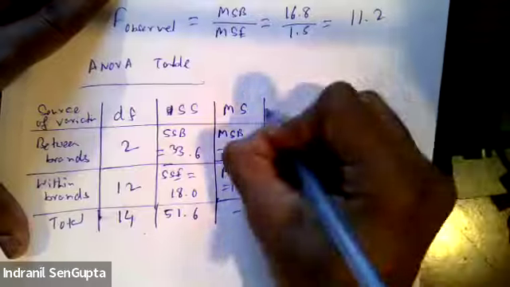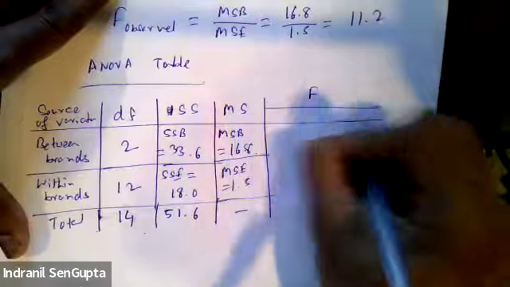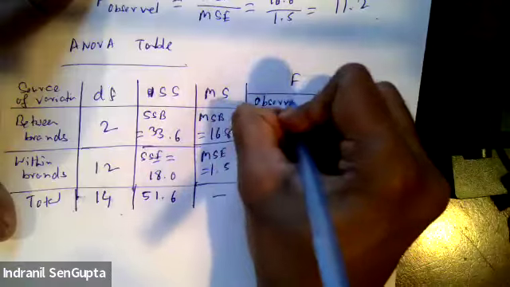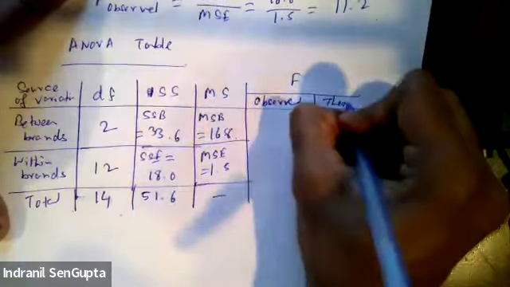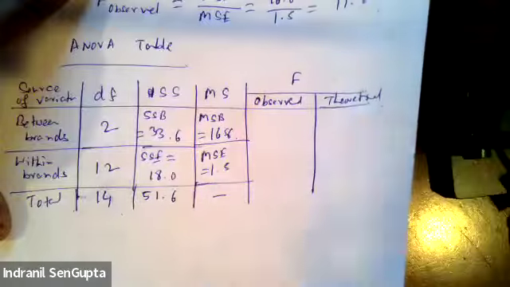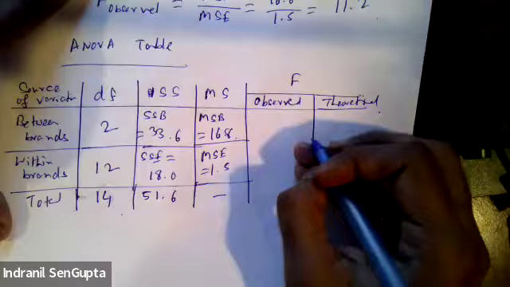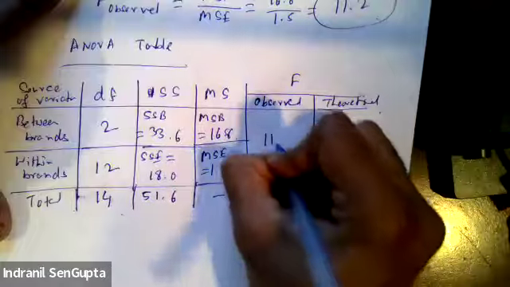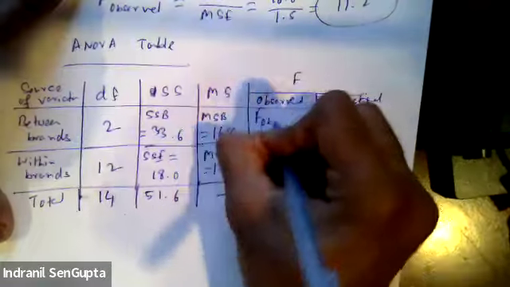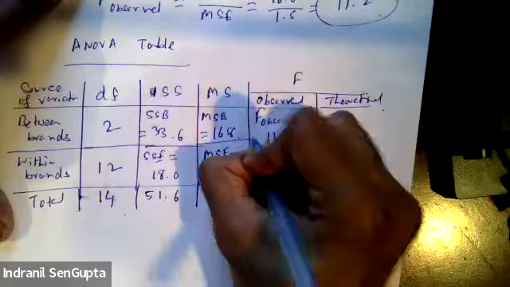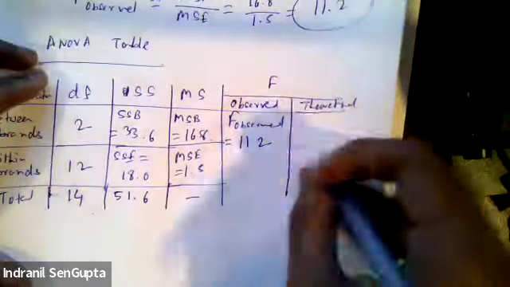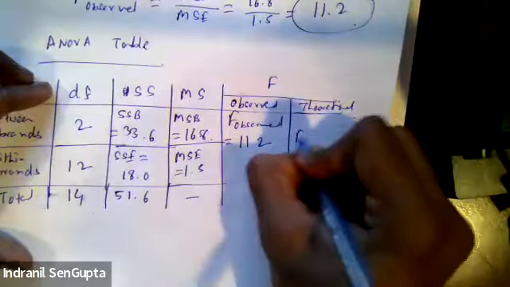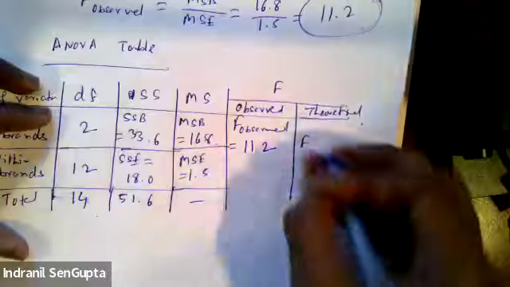And that's it. So now we have the F value, observed and theoretical. The observed value we found just now is 11.2. And now F theoretical, with degrees of freedom 2 and 12.